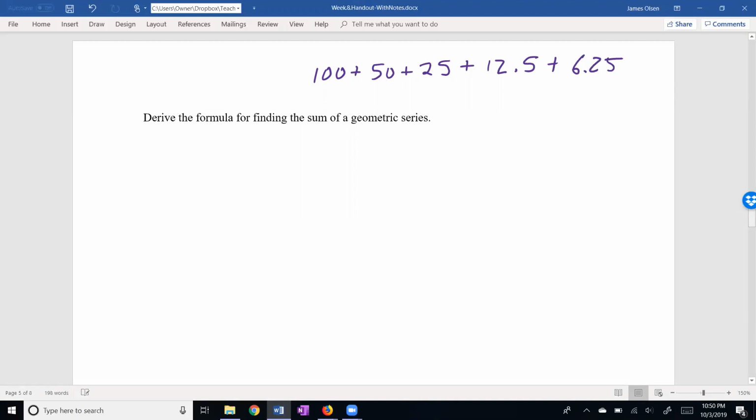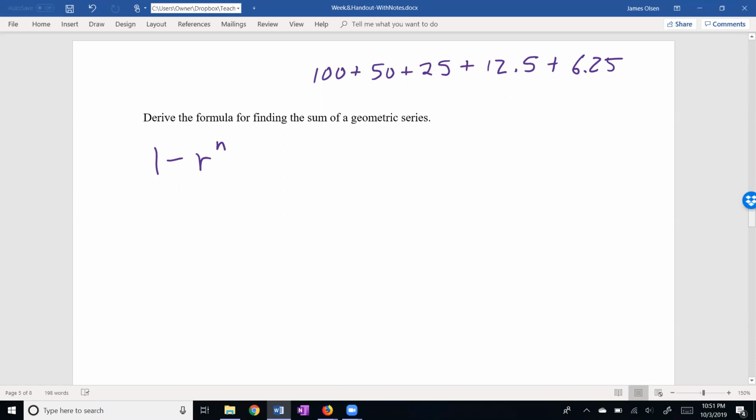So let's say we wanted to find this sum. Okay, so what do we do first? We take a special case of the difference of powers. So I'm going to be starting with 1 minus r to the n.